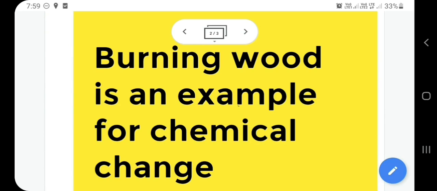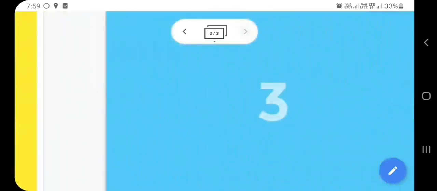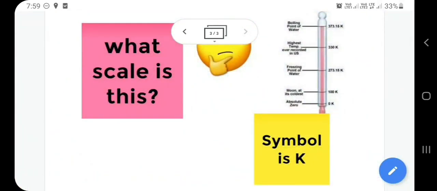Yes, the burning wood is an example of chemical change. So tell me which type of scale is this? In this scale, the symbol is represented as K. So think, what is this scale?